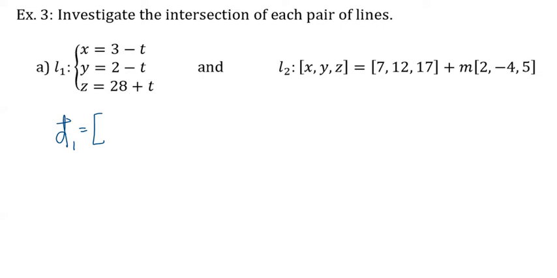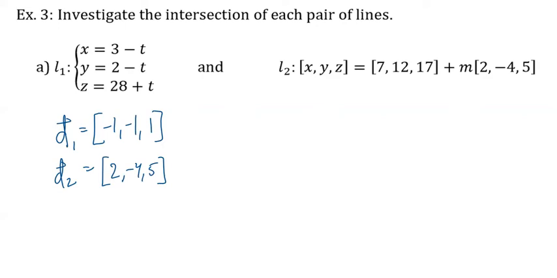Not scalar multiples. So we're going to say D1 is not equal to kD2. Therefore, L1 is not parallel to L2. So we've narrowed down our 4 possibilities to 2. They either cross at a point or they're skew.